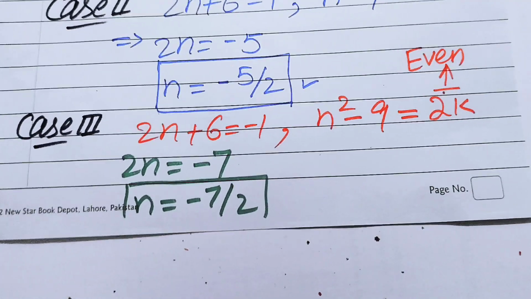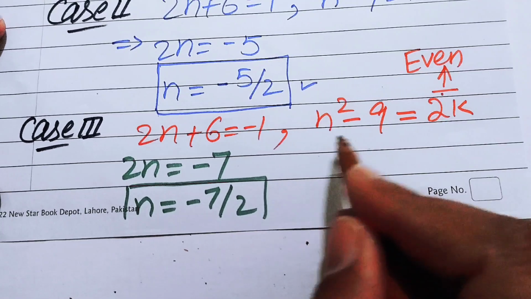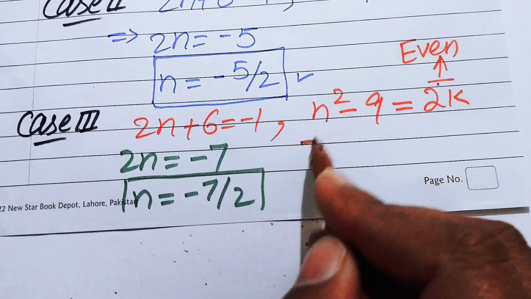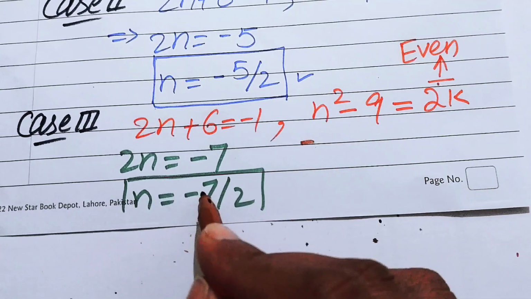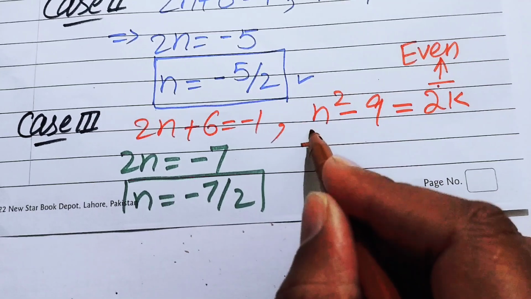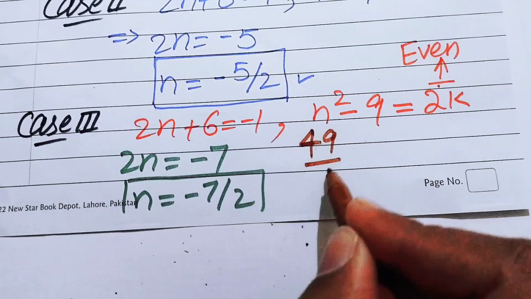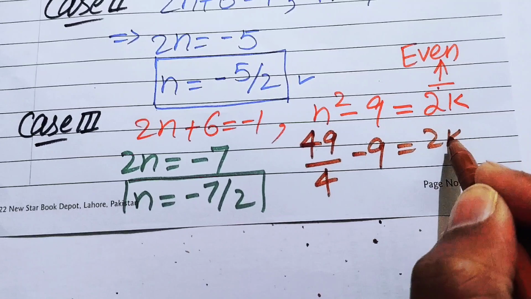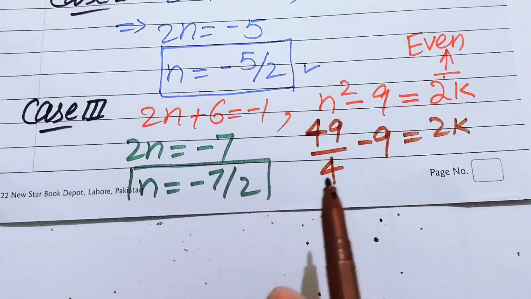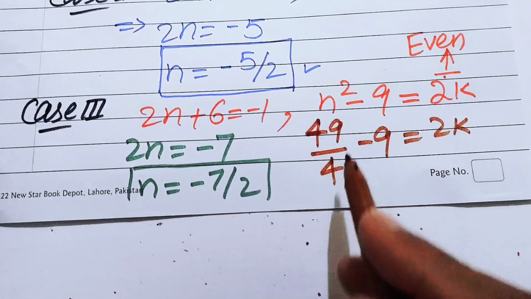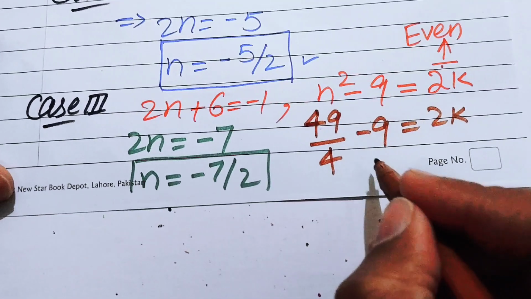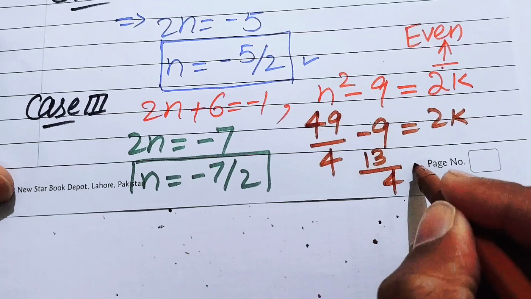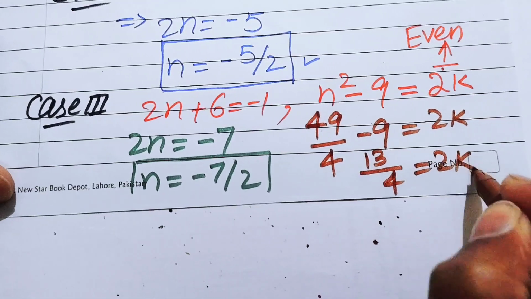So we substitute n equals minus 7 over 2 here, and we have (minus 7 over 2) square minus 9 equals 2k. The square of minus 7 is 49 and the square of 2 is 4, so 49 over 4 minus 9 equals 2k. When we take the LCM of these terms, we obtain 13 over 4 equals 2k.